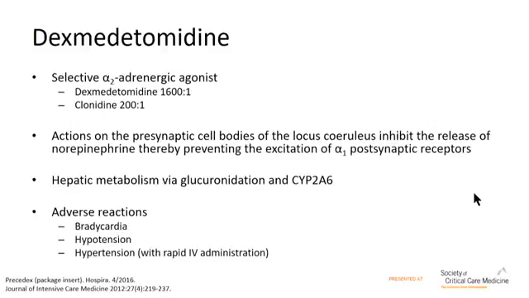Classic pharmacy information, it's hepatically metabolized via glucuronidation, as well as CYP-mediated metabolism via 2A6. Adverse reactions include bradycardia, hypotension, and then with rapid IV administration or very high dose administration, patients can experience hypertension.